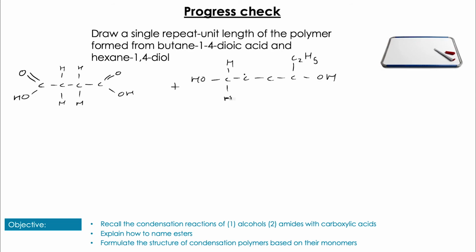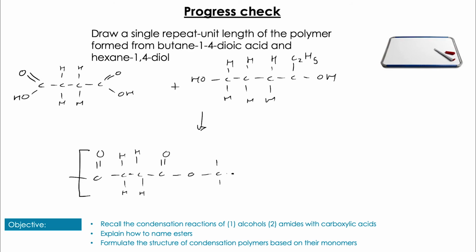So I'm going to have the OH groups on the first and the fourth carbon. Then I draw my square brackets as I did before. Remember to take the water off of each end and also in the center for your ester bond, and your square brackets with your n at the final part to indicate that it's the repeating unit.